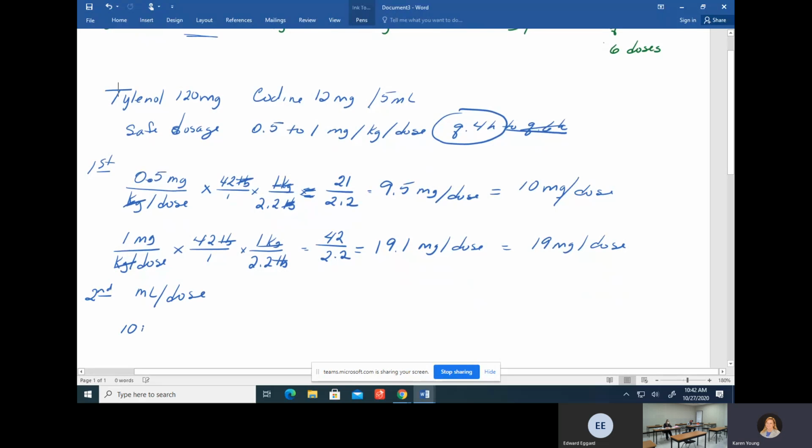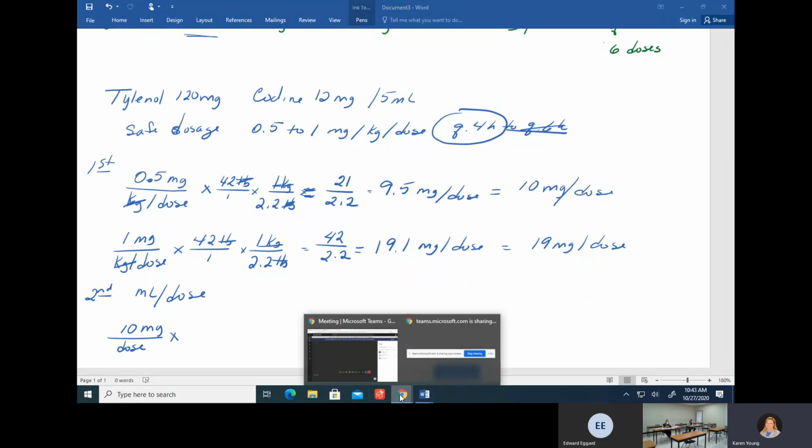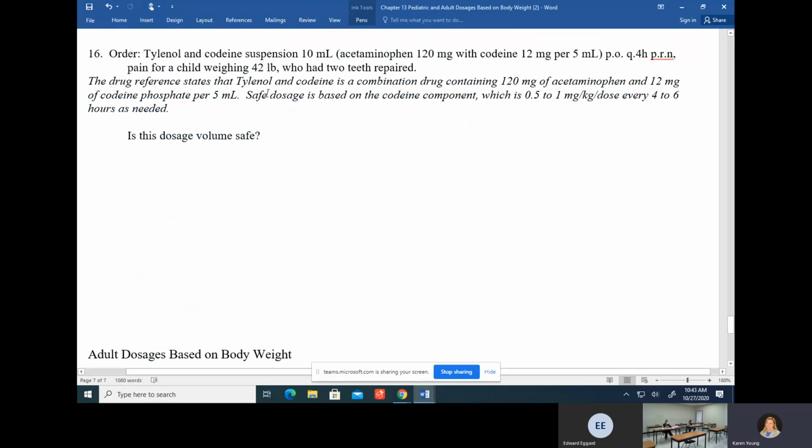So if I start with the 10 milligrams per dose, go back up here to my drug reference, my Tylenol, 120. I gotta read the question again before I screw something up. Okay, 10 milliliters per dose.